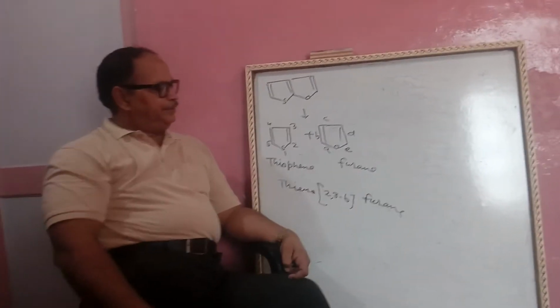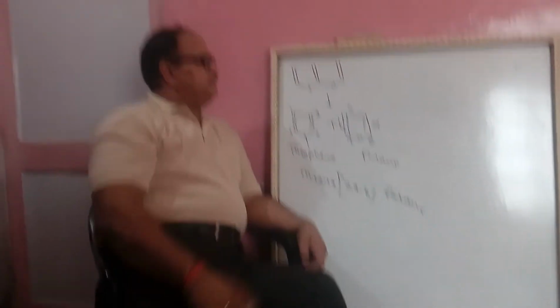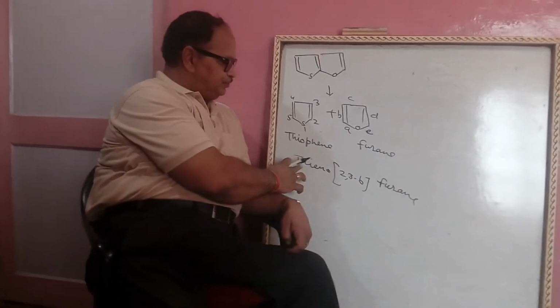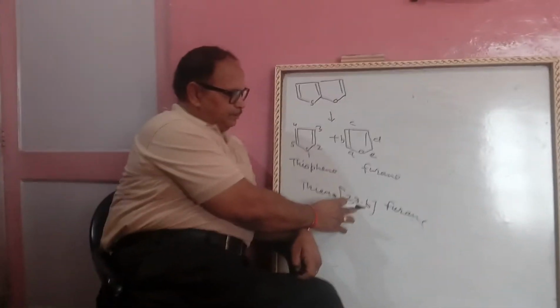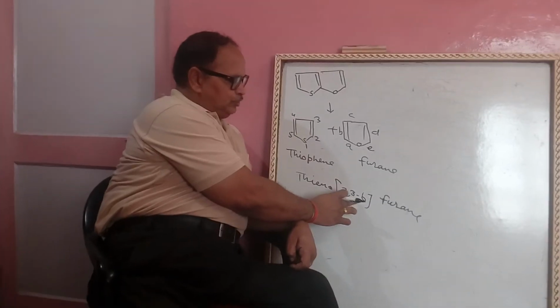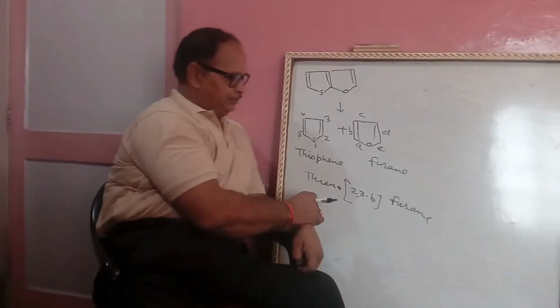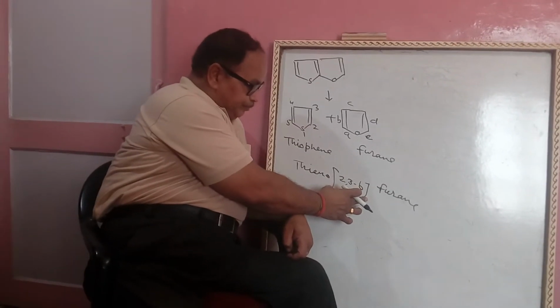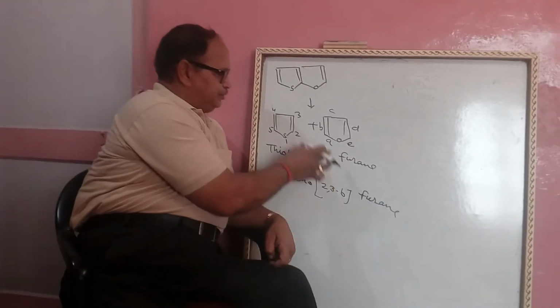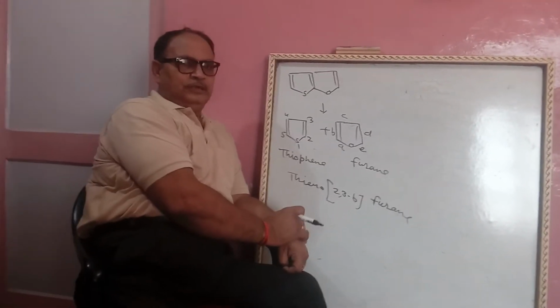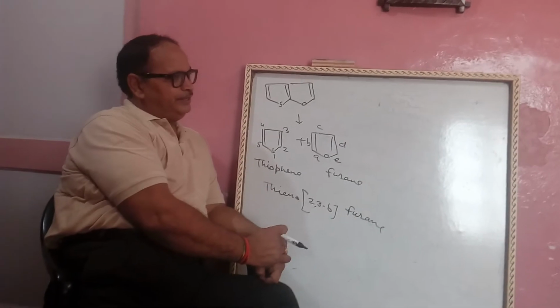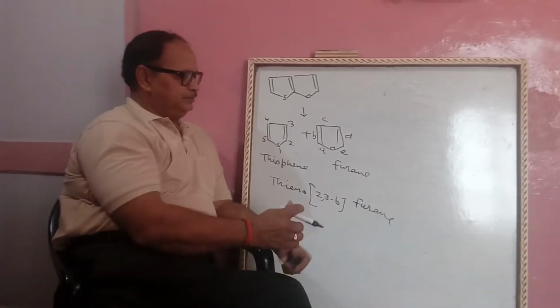So the name of this fused heterocycle is theno[2,3-b]furane. This is the common bond of both the attached component and the base component.